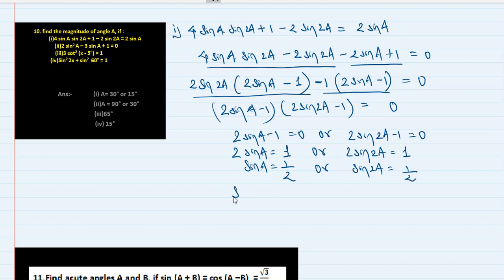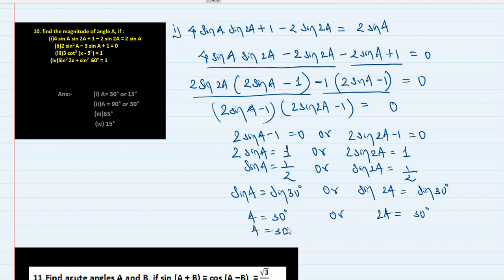So sine a is equal to sine 30, or sine 2a is equal to sine 30. So a is equal to 30 degrees, or 2a is equal to 30 degrees. So a is equal to 30 degrees, or a is equal to 30 by 2, that is 15 degrees. Okay, so a is 30 or 15 degrees.